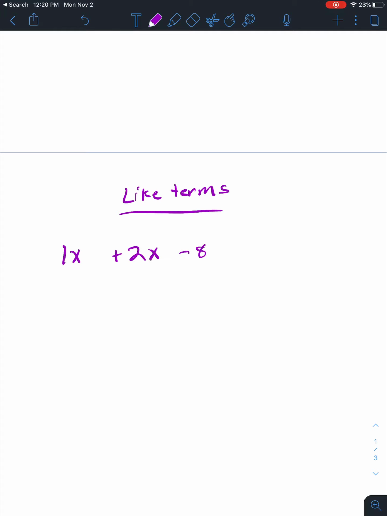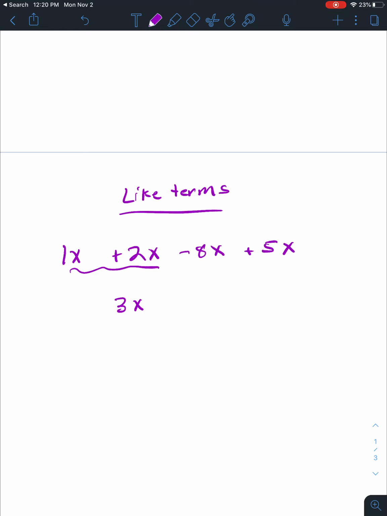So like terms, maybe something like this. You have 1x plus 2x minus 8x plus 5x. These are all the same type of terms, so you're allowed just to add and subtract them. If I have 1x and 2x, I get 3x.